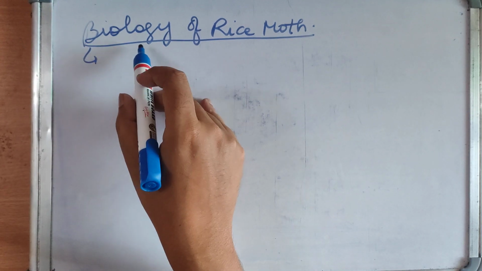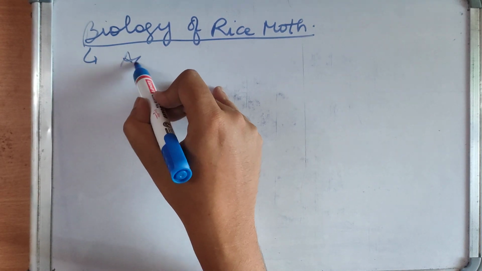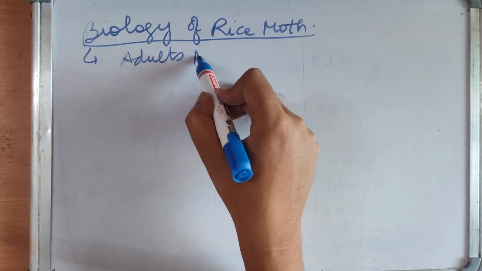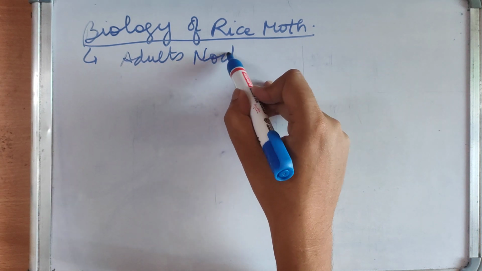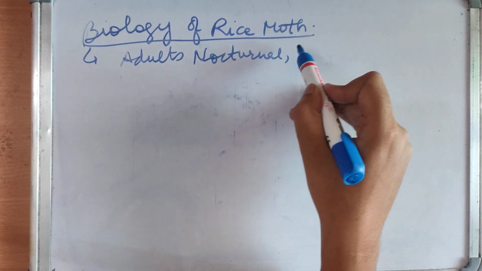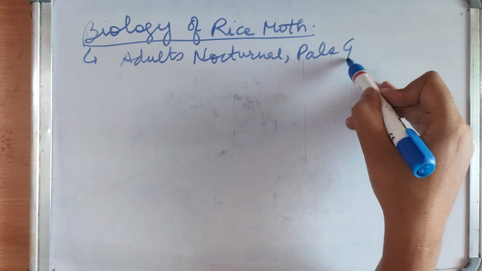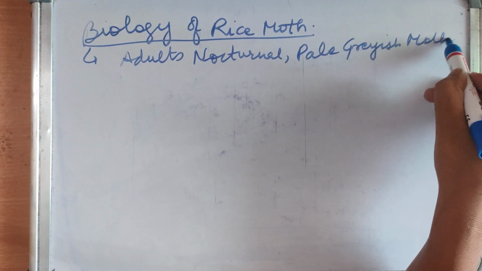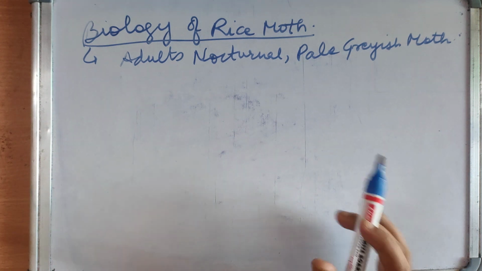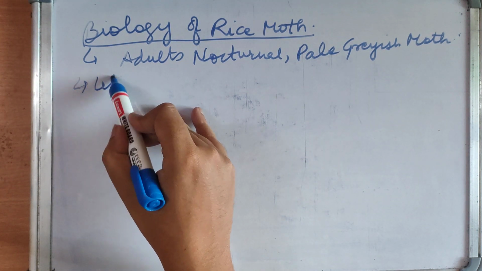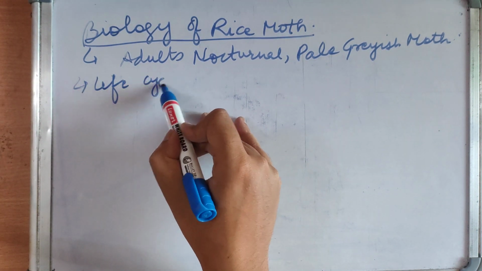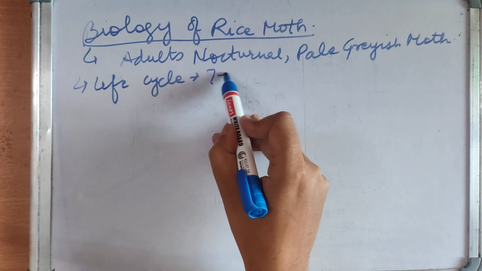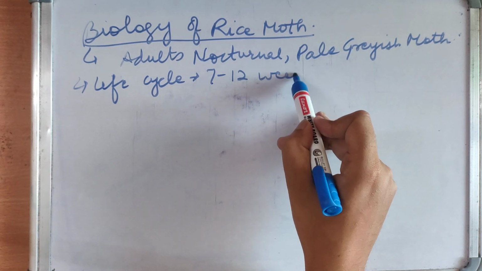What happens here? Adults are nocturnal. The moth is pale grayish in color. Life cycle is 7 to 12 weeks.